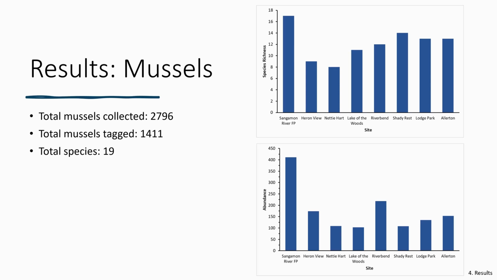And if you look at the graphs, you can notice that there's a really high diversity and a high abundance at our most upstream site. And then not as dramatic, but there is a higher amount of diversity located in our downstream sites as well.